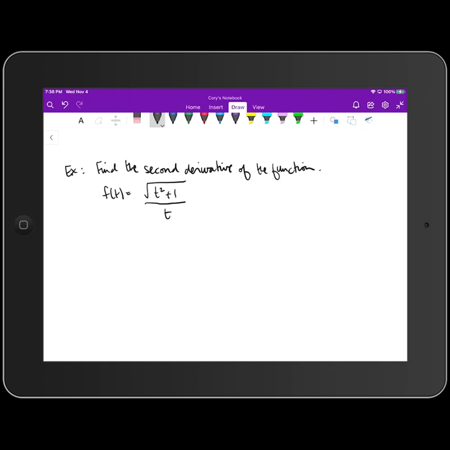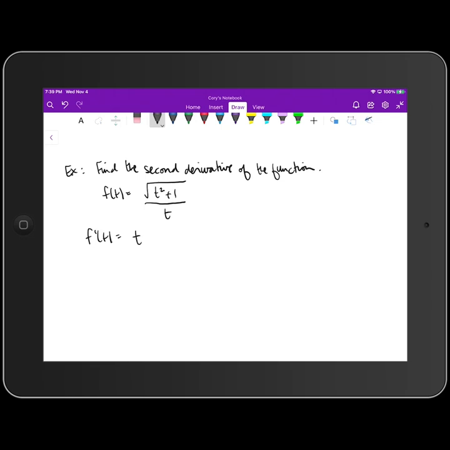So let's take the first derivative, f prime of t. To take the derivative of this function, the first rule I have to use is quotient rule. Then within quotient rule, I'm going to have to use chain rule to take the derivative of the function in the numerator. So quotient rule, that's low d high.